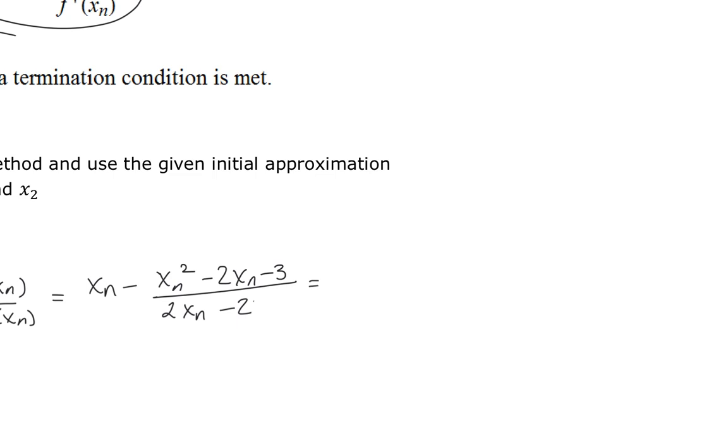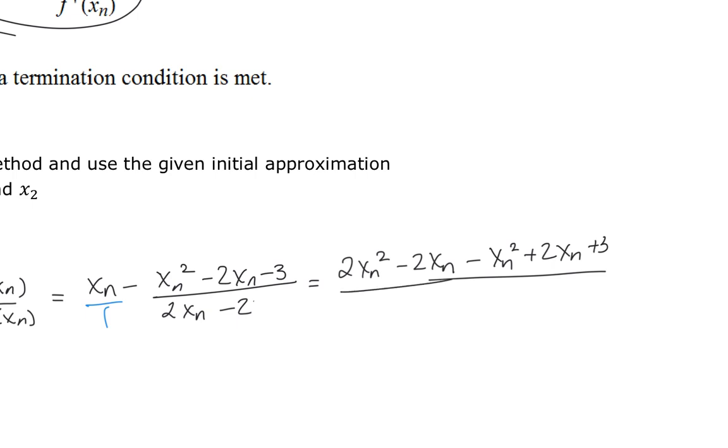I'm going to write this with the same common denominator as 2x sub n, the quantity squared, minus 2x sub n, and then minus, and all I did was multiply the numerator, which is x sub n, by this denominator. Now be careful when you have this negative here, it does need to pull all the way through, which means it'll be minus x sub n, the quantity squared, plus 2x sub n plus 3, all over 2x sub n minus 2.